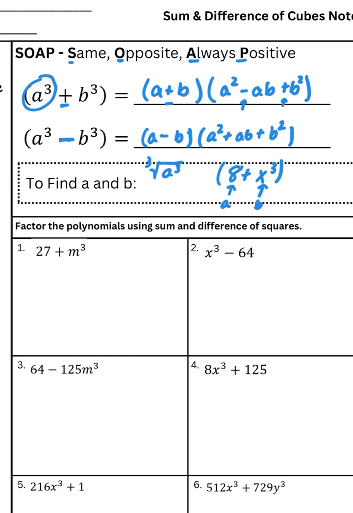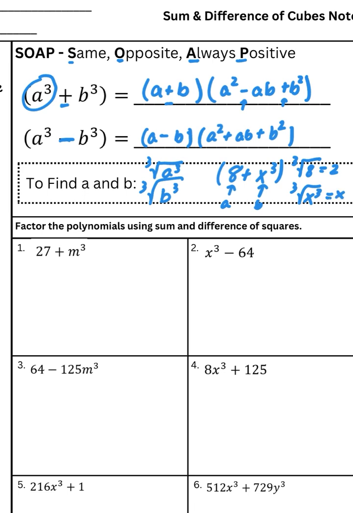We don't need to rearrange it. So the cubed root of 8 is going to be 2. So for A, we're going to plug in 2 every time. And then to find our B term, we take the cubed root of x cubed, which is just going to be x.